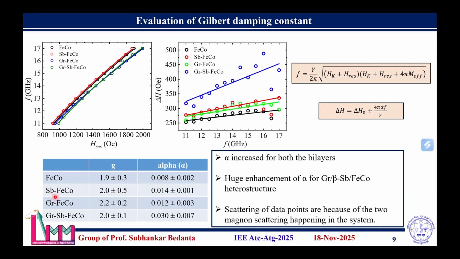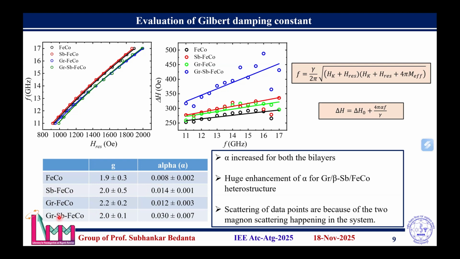Now when we took the FeCo with Sb as well as graphene, then we see there is an enhancement in the Gilbert damping constant, which tells that both antimony and graphene are acting as good spin sinks, like they are absorbing a good amount of spin angular momentum from the ferromagnet.